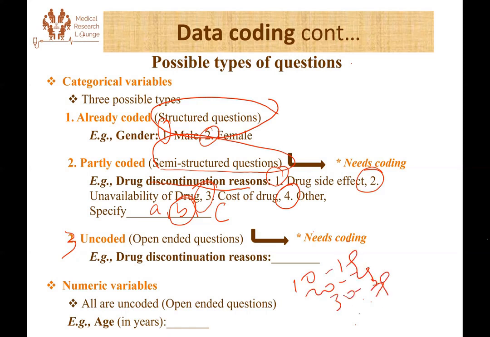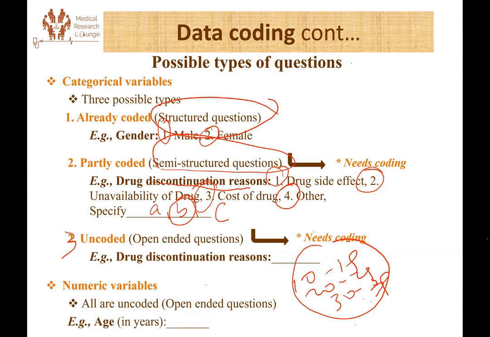In our questionnaires we often go like this, but this is not appropriate because the natural form of the measurement scale of age is continuous numeric, not categorical. So we're not supposed to collect it as categorical. Rather, we have to obtain the data as it is in its natural scale of measurement, and then later we will categorize it.